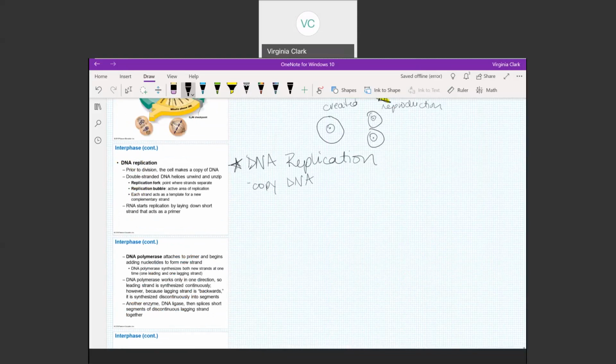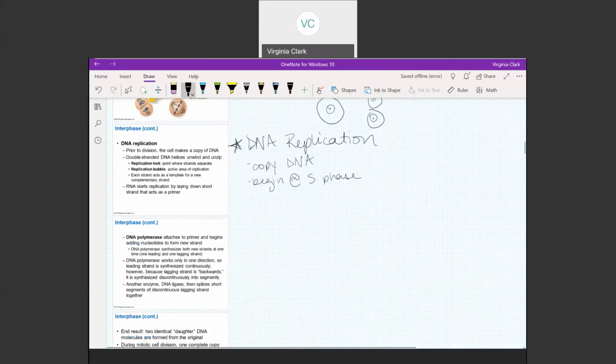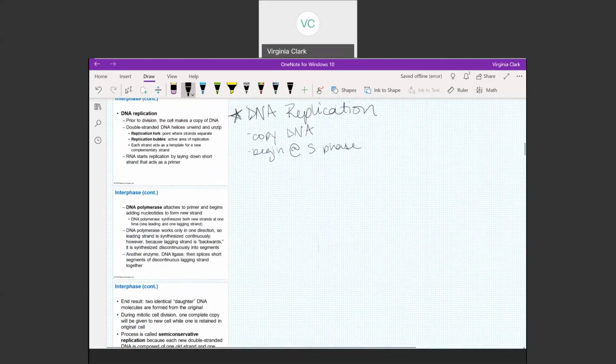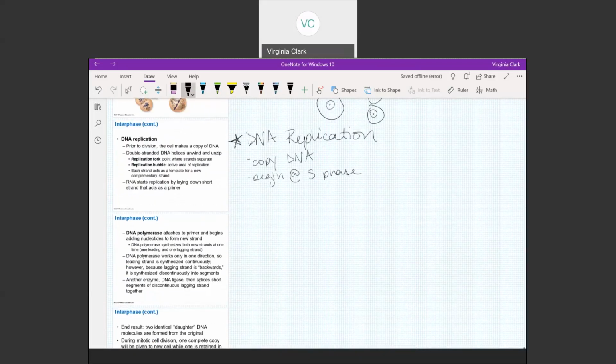This is going to begin at S phase, between G1 and G2, and it follows a 3-step process.